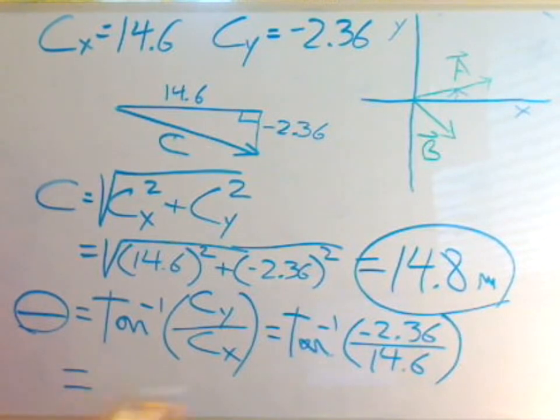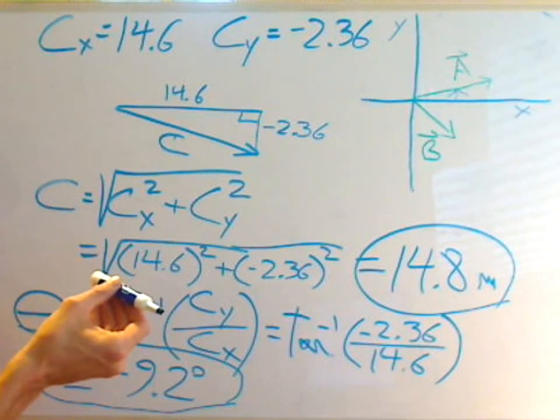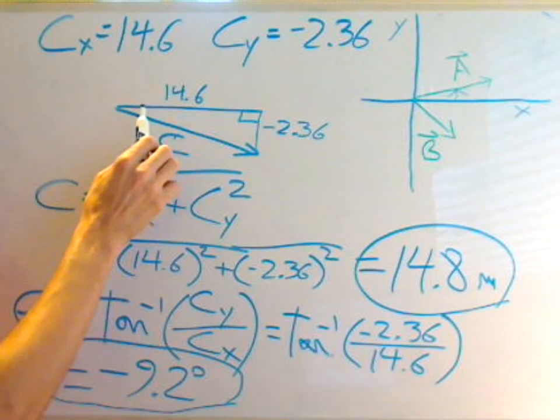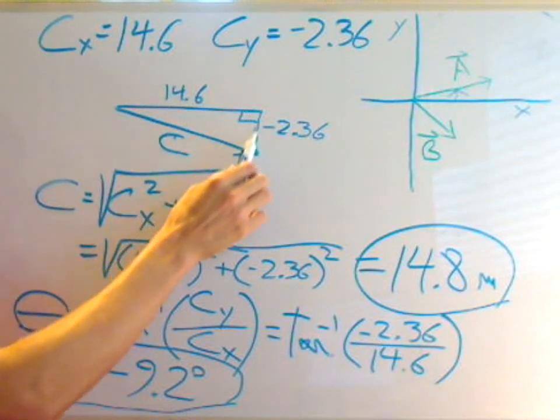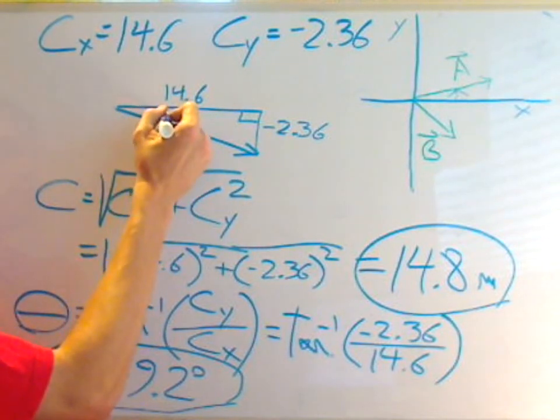When you solve that, you divide this by that, and then take the inverse tangent. The number you get is negative 9.2 degrees. So there's our direction. What that means is it's a 9.2 degree angle, and it's below the x-axis. And that's what we expect when we look at this geometry. We have a 14.6 x component, negative 2.36, so it points below, and this would be a 9.2 degree angle.